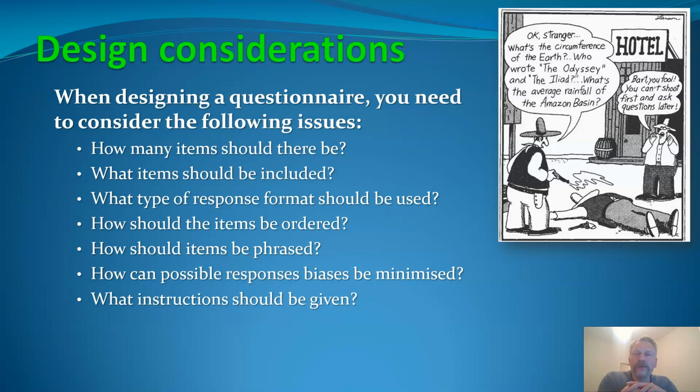But if there's too few, then perhaps what you might fall victim to is simply not being able to differentiate your participants, or not being able to properly measure that construct. If, for instance, I'm interested in how depressed people are, then having one question on depression isn't really going to tell me anything really informative. That one question might just rely on, is your sleep affected?